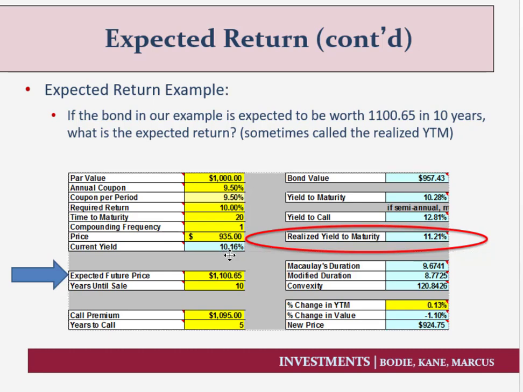I'm better off than selling it at the end of 1 year. But essentially, I'm going to earn on average 11.21% from this strategy of holding this bond not for 30 years, not for 20 years, but I'm only going to hold it for 10 years.